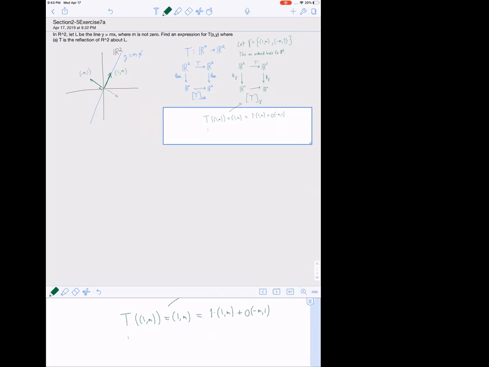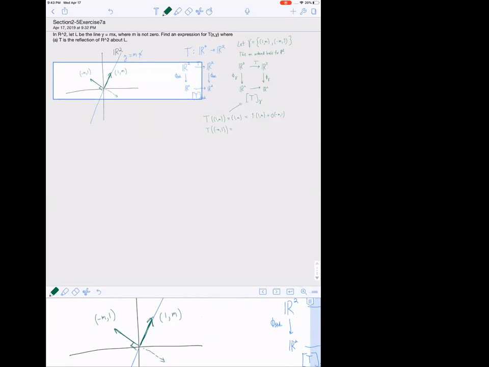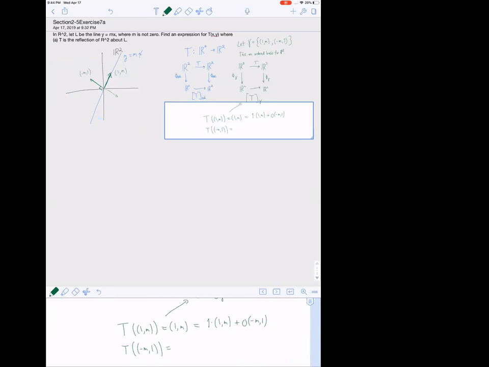And then when we apply T to the second vector, (-m, 1), this vector just gets reflected, so we should see exactly the opposite of (-m, 1). I'll skip directly to the linear combination: 0 times (1, m) plus -1 times (-m, 1). It's the opposite of that basis vector.